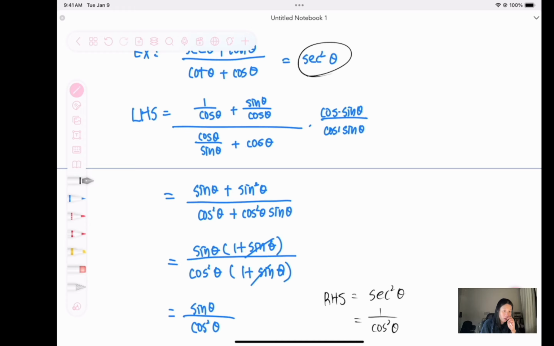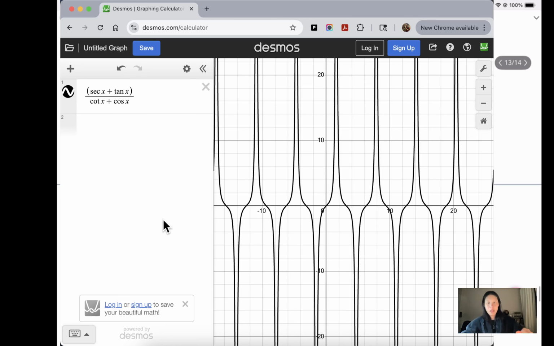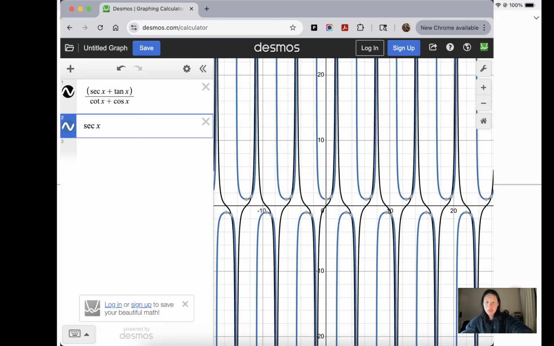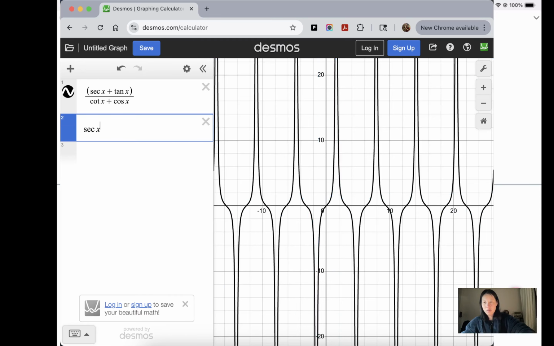Did I do something wrong, or are they really not equal? One way to check is to use GeoGebra. Look, that's the left-hand side. Now, let's type in the right-hand side, which is secant squared. Oops, I shouldn't do that.